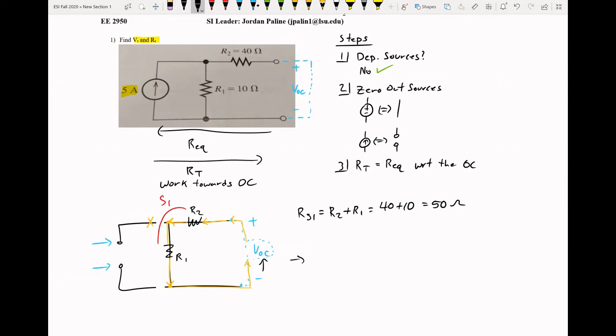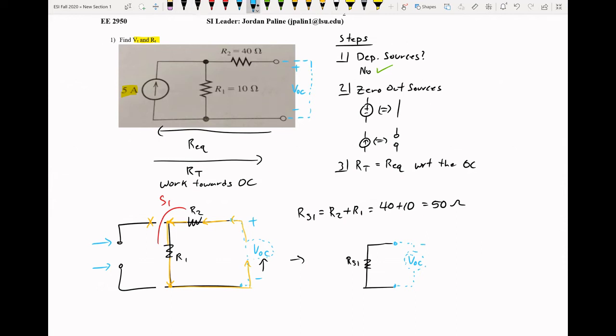If I redraw it one more time, let's do it for the sake of simplicity. Put our imaginary wire here, act like that's a battery, and then this is our series 1.